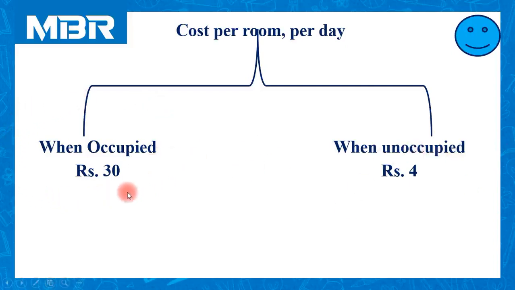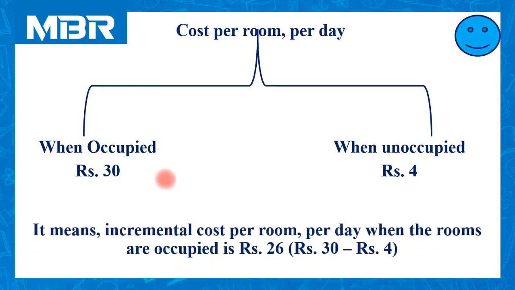Now we need to pay rupees 30 when rooms are occupied. So you can easily understand the concept of incremental cost. What is the incremental cost per room per day when the rooms are occupied? It is given on your screen. The incremental cost is rupees 26.